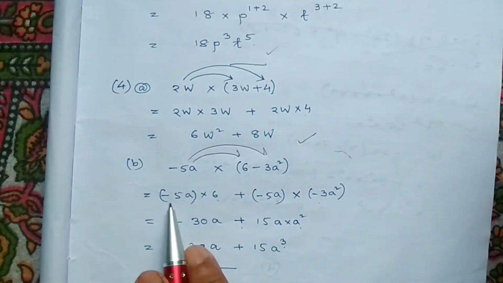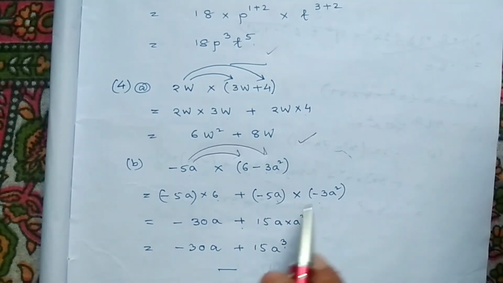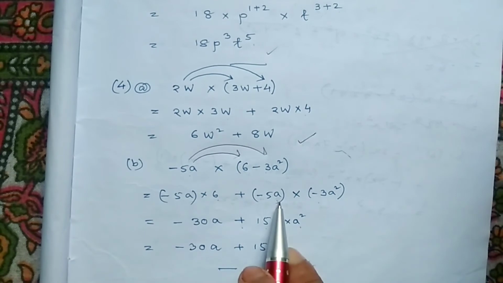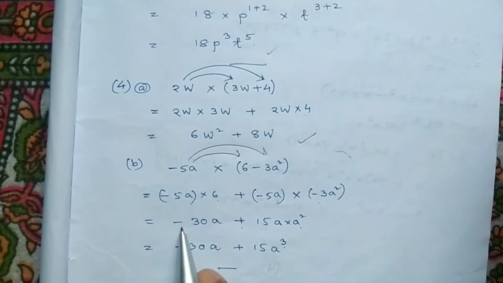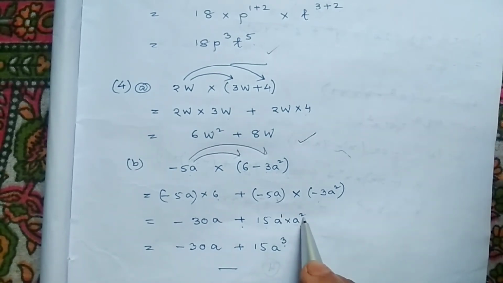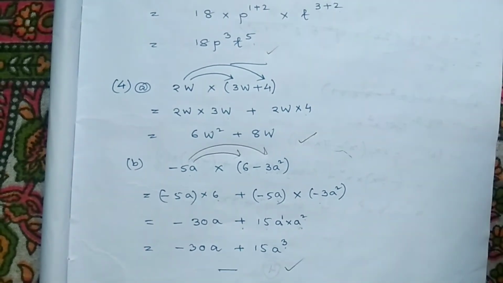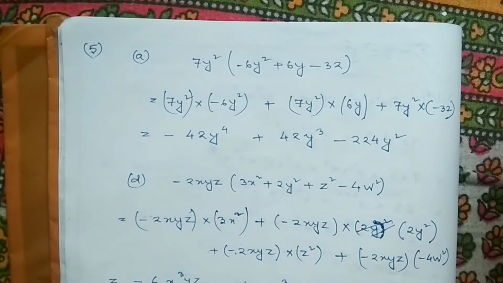Now 5 6s are 30a, so minus 30a, plus 15. Here a to the power 1 is there and here a to the power 2. So we know whenever bases are the same, powers are added. So 2 plus 1, 3. So this is your answer.